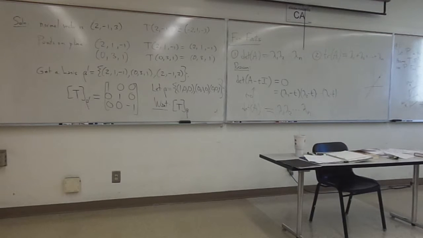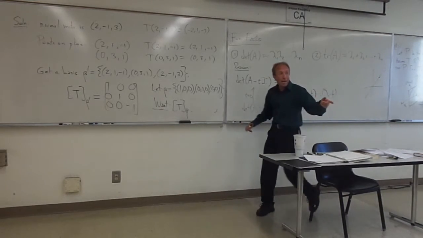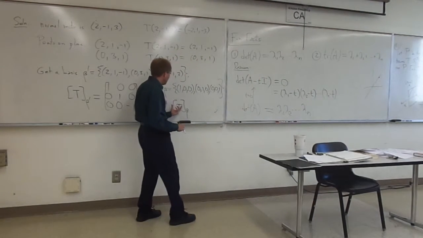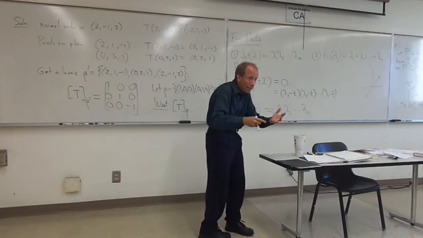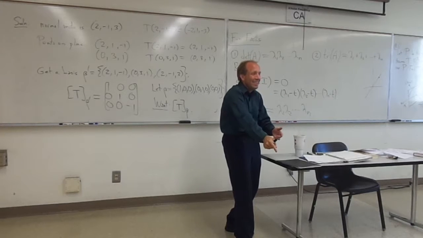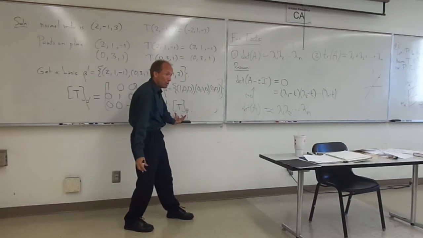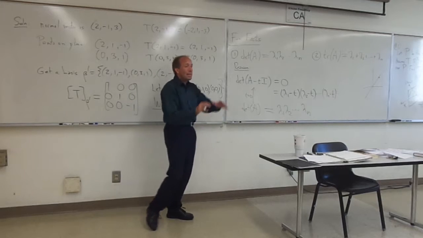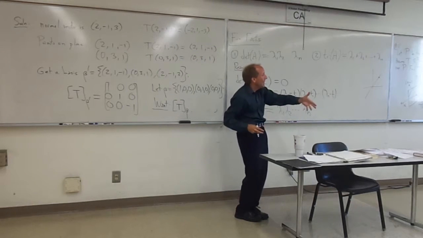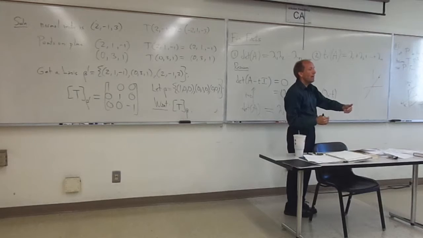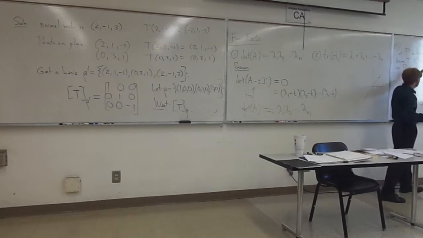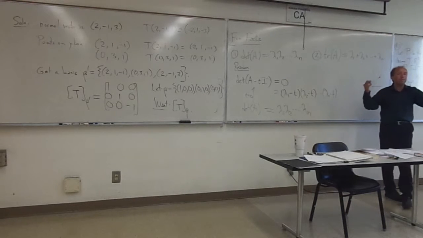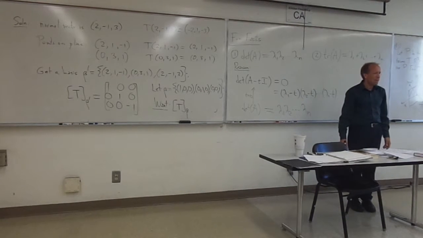So if I want to know T of (a, b, c), all I'm going to have to do, this is the schematic that we're talking about, is take (a, b, c), write its coordinate vector with respect to beta, apply the matrix to it, which we don't have yet, get an answer, which will be another column vector, and then take that column vector, that's a coordinate vector for T of (a, b, c). Then you can write down what T of (a, b, c) is. Does that make sense?